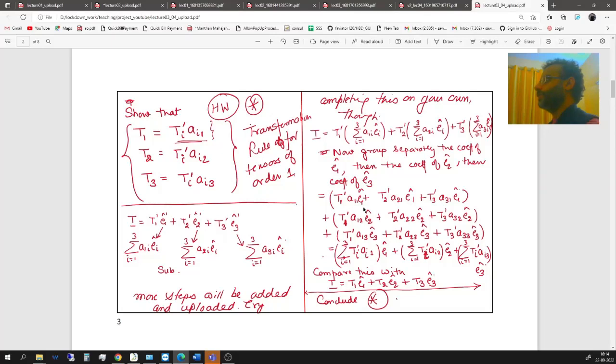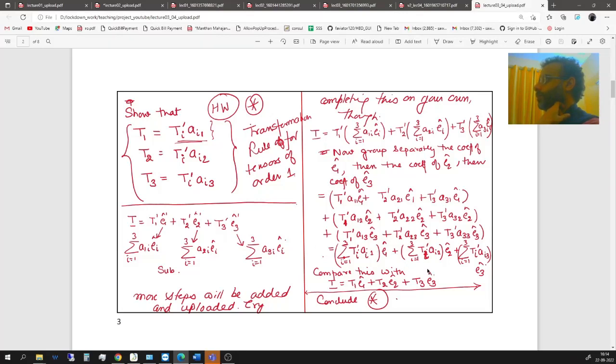You see, the first 3 terms have E1, the second set of 3 terms have E2, and the third set of terms have E3.